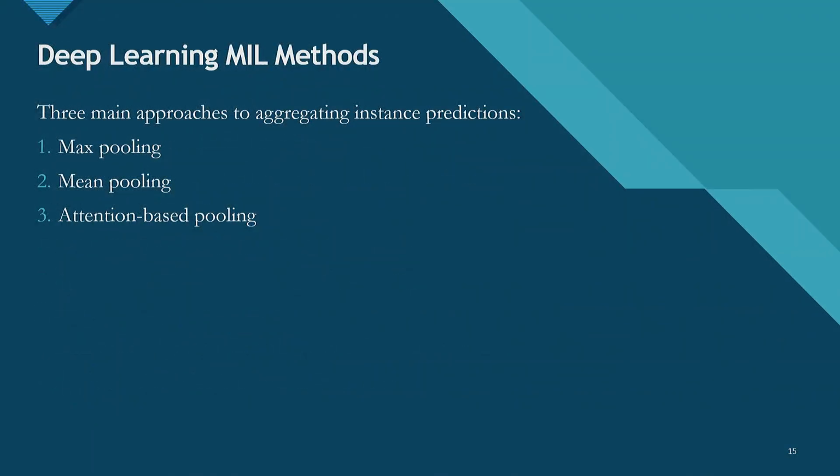In deep learning MIL methods, we have mainly three kinds: max pooling, mean pooling, and attention-based pooling. These are well-known approaches used in deep learning for multiple instance learning.